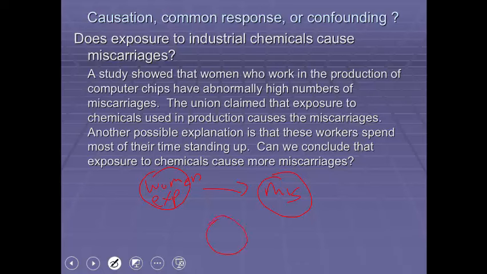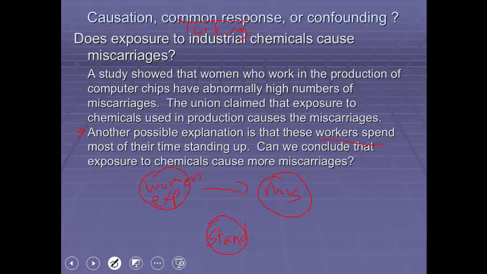So we're trying to figure out, and if we look here, they give us another possible explanation. These workers spend most of their time standing up. So standing. So we're trying to figure out, is this a situation where we have a lurking variable, right? Do we have a lurking variable?